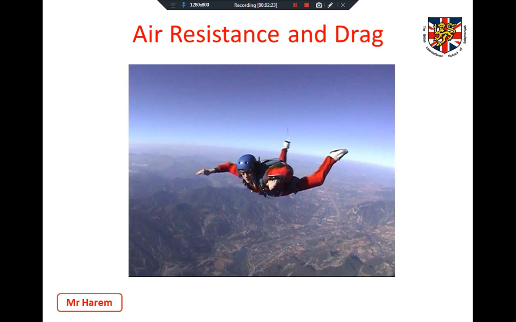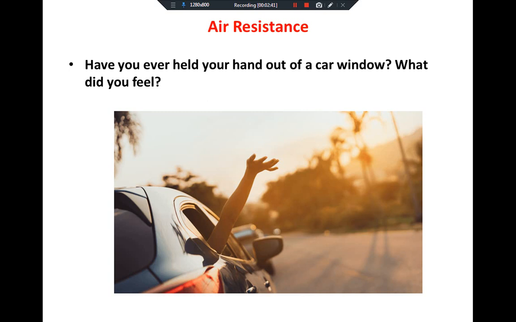When you look at this picture, there are two forces. One of them is the gravitational force, which pulls this man towards the Earth, and there is another force called air resistance that balances it. The combination of these two forces provides a balance for that man to fly over the Earth, or over the country that he's flying over.